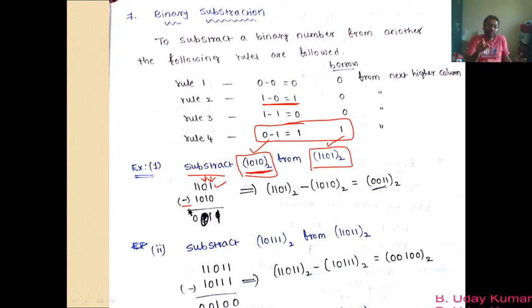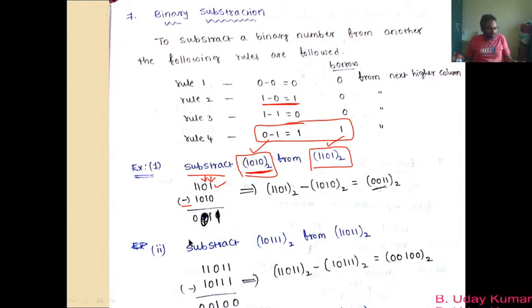So you have to be observant and careful. Here I didn't find any difficulty in subtracting 1010 from 1101, which means you are subtracting a smaller number from the bigger number.